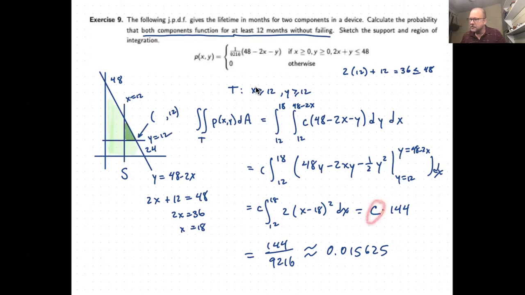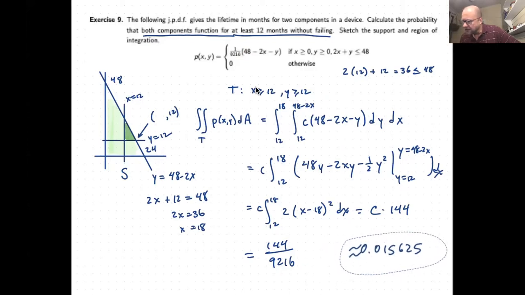Multiplying by that c, which, as you'll recall, is this 1 over 9216 up here, you get 144 divided by 9216. Gosh, I probably should have gotten a better fraction for that. But insofar as an approximation, it's about 1.5%. So let's see if I do a better thing there.